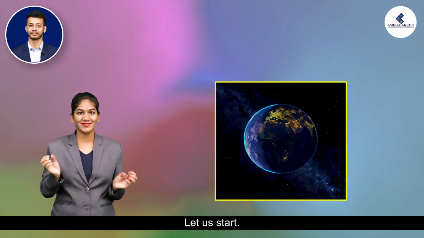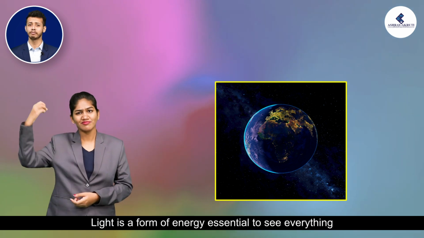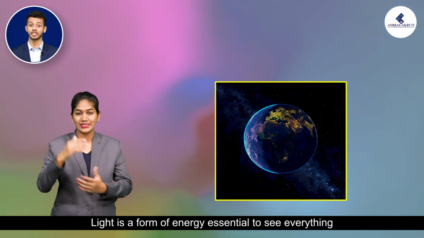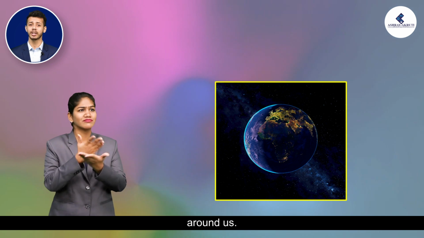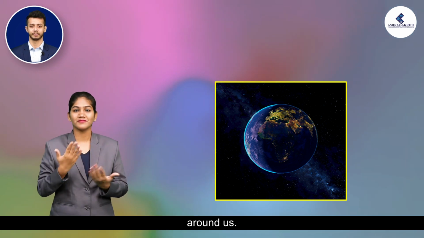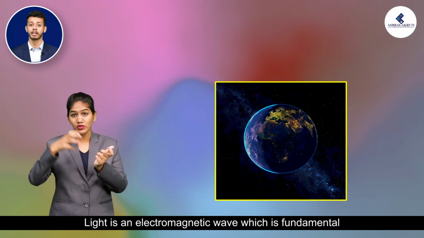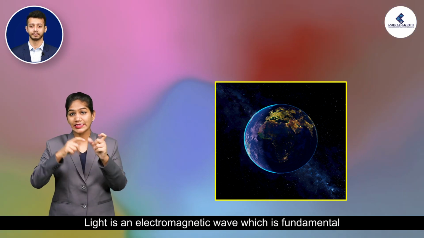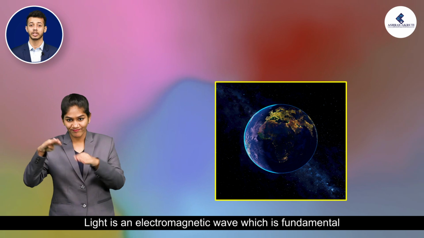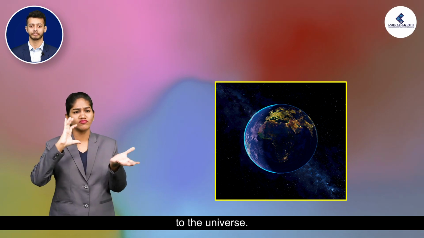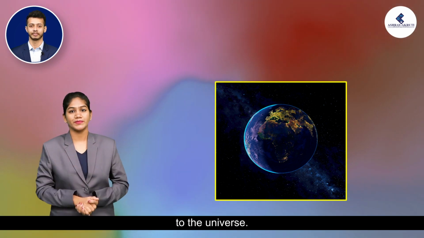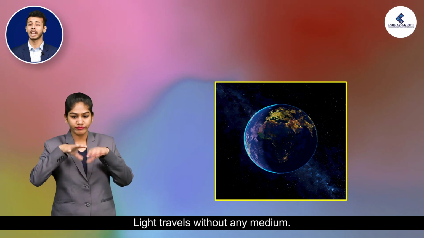Let's start. Light is a form of energy essential to see everything around us. Light is an electromagnetic wave which is fundamental to the universe. Light travels without any medium.